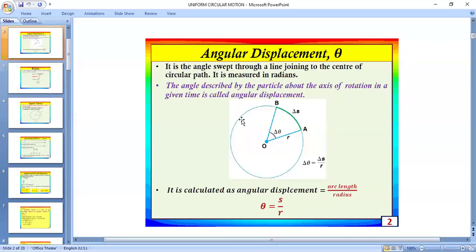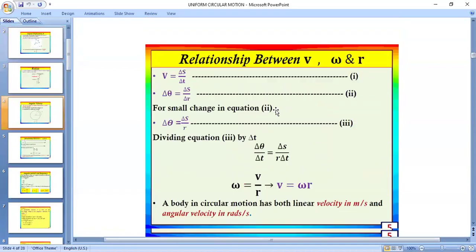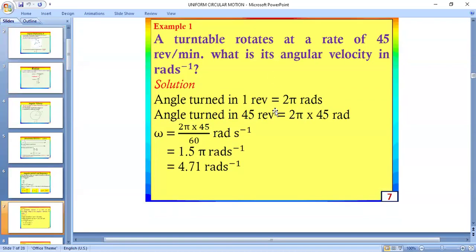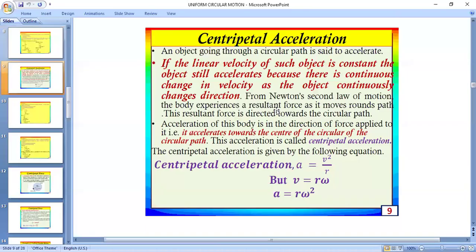That's continuous change in direction, because the direction it's moving at A is not the same direction in which it's moving at B. They are different. So since there is a change in direction, and we know that velocity is a vector quantity, we say that there is a change in velocity, even if the magnitude is the same. That's why we say that a body in circular motion is accelerating.